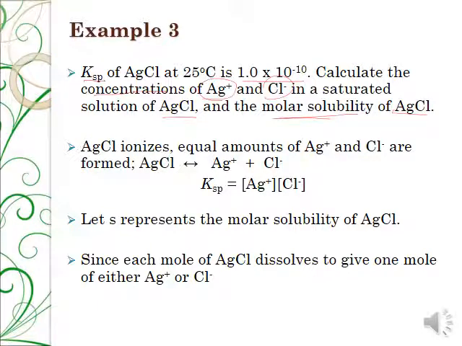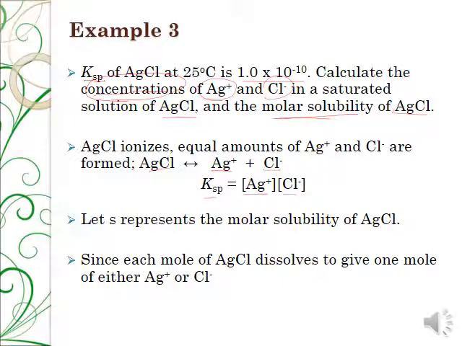Now, the first step is to write the dissociation equation for the silver chloride salt when it dissociates into ions. So we have silver chloride dissociate into silver and chloride. When we write the expression for Ksp, we get Ksp equals the square bracket of silver times chloride. The square brackets represent the concentration.